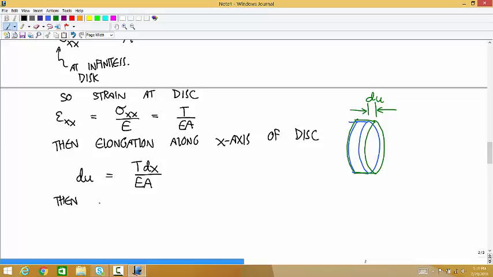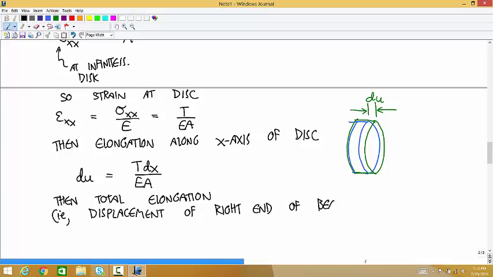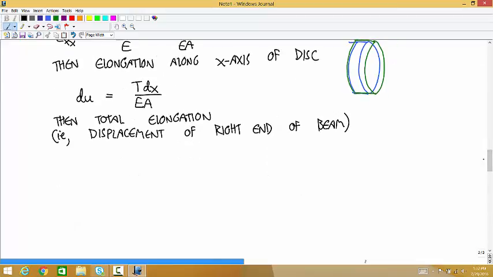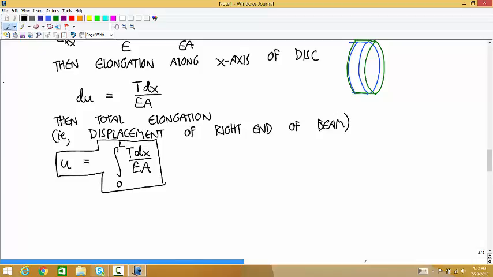So then the total elongation, another way to think of this, in other words, the displacement of the right end of the beam, U, is equal to the integral of T dx over EA, integrating from 0 to the length of the beam. Okay, so this is the integral definition of elongation due to tension.